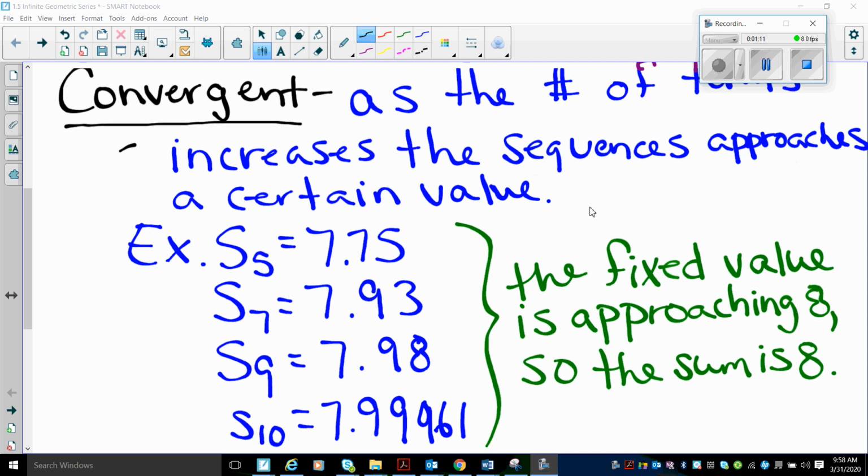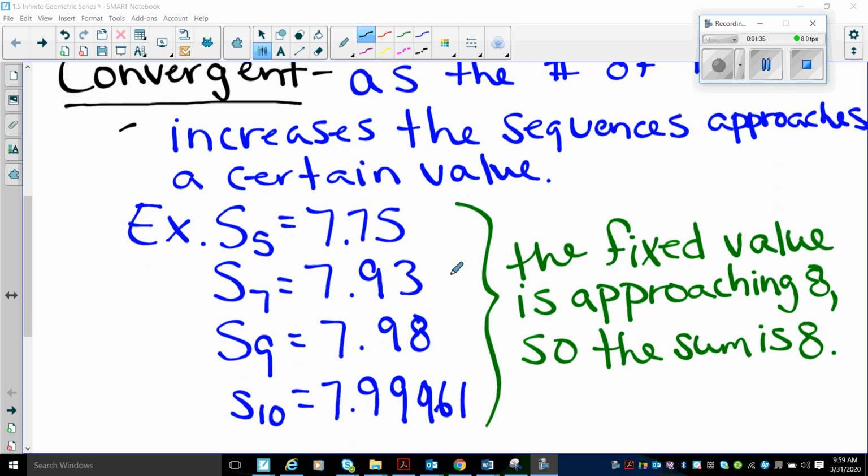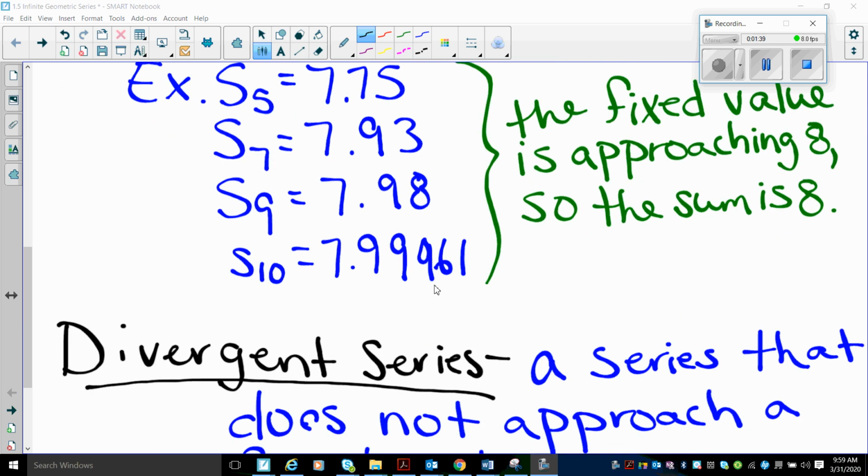In this example, the sum of the first 5, the first 7, the first 9, the first 10 all seem to be approaching the fixed value of 8. So we would generalize and say that it appears the sum is 8, because these are all really close to 8. With convergent series, the sums increase by very small amounts and approach a certain value.